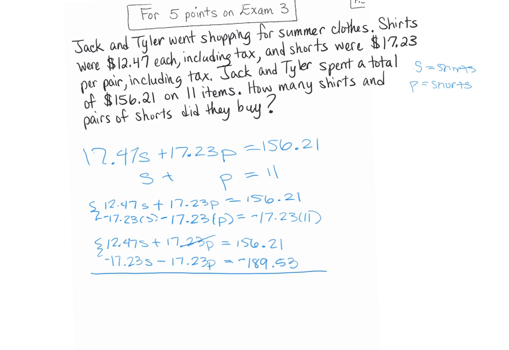And then your middle terms cancel out, so then you're left with negative 4.76 S plus 0 equals negative 33.32.